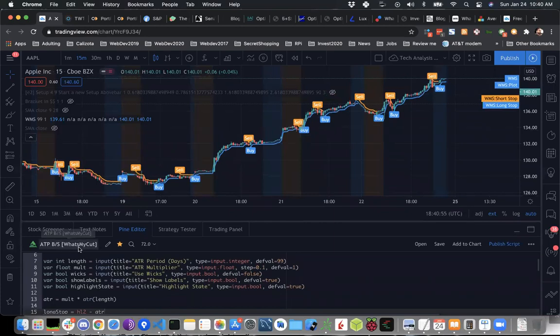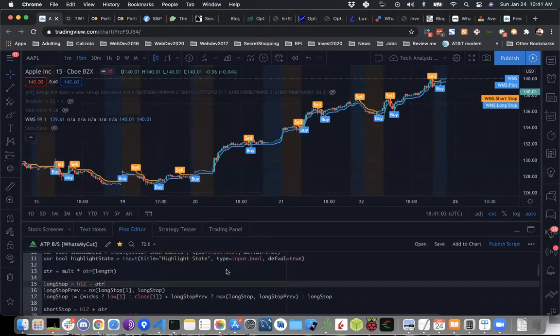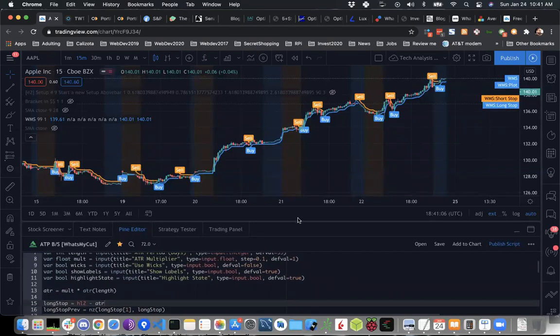It's called ATP BS. It is the average trending rate over 99 days, and it's showing indicators where it thinks I should buy and sell.